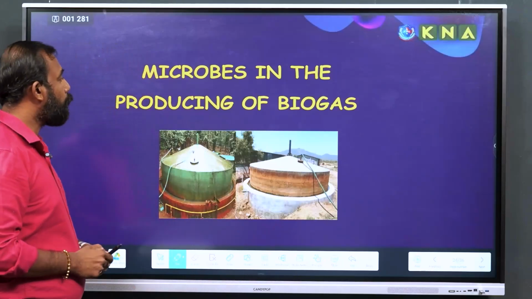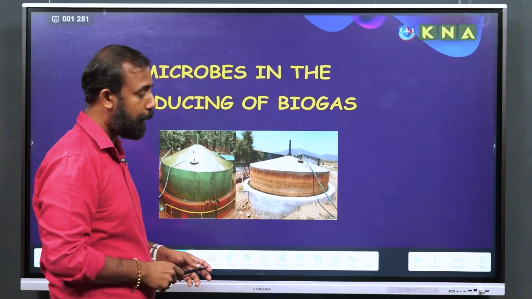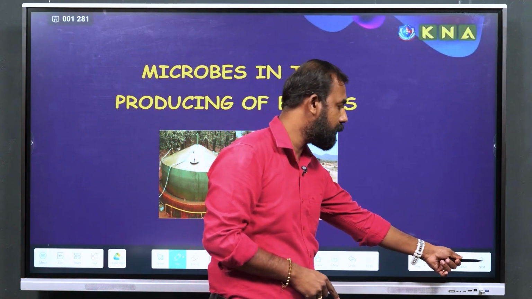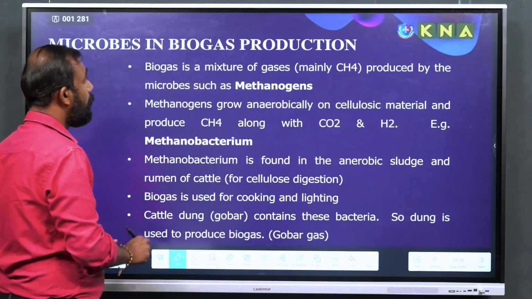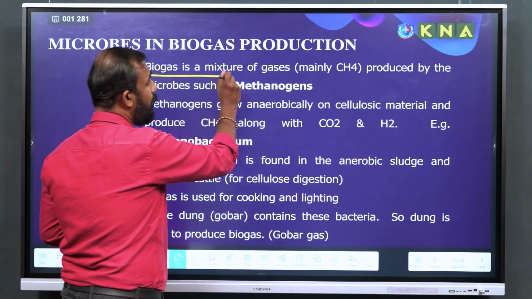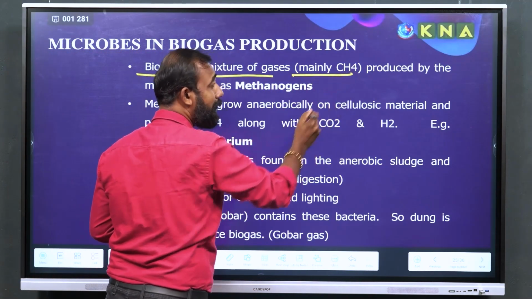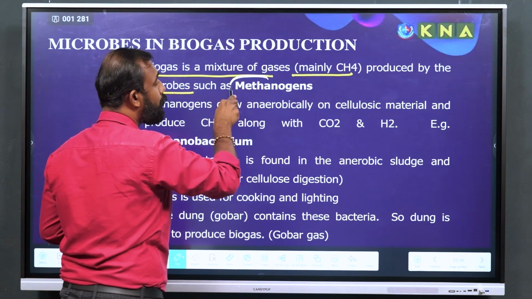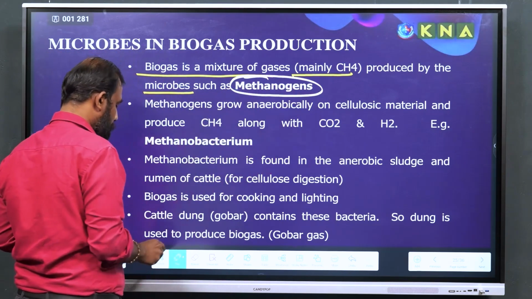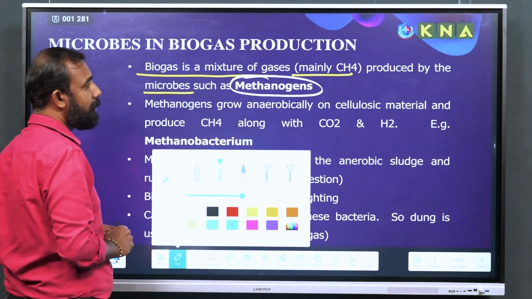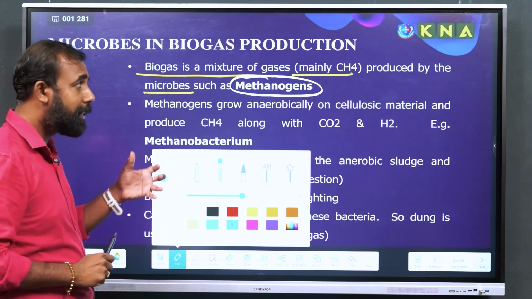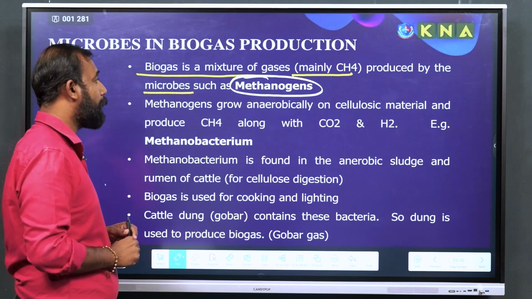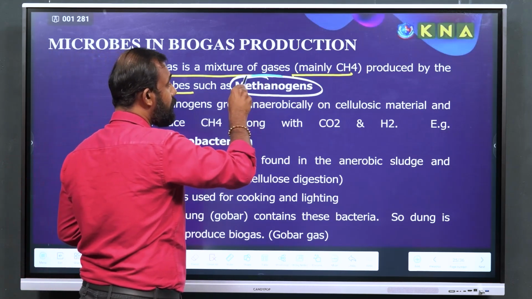So next, microbes in the production of biogas. What is biogas? See, biogas is a mixture of gases, mainly methane, produced by microbes such as methanogens. Important.